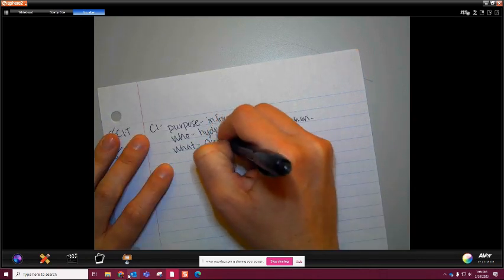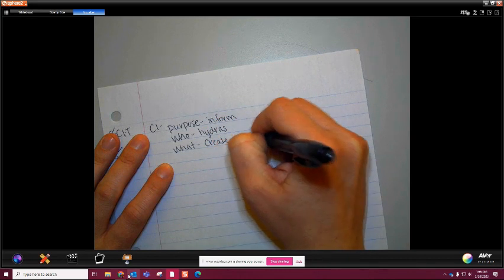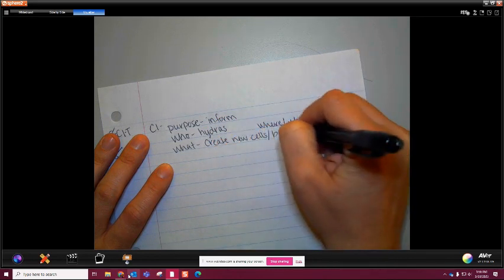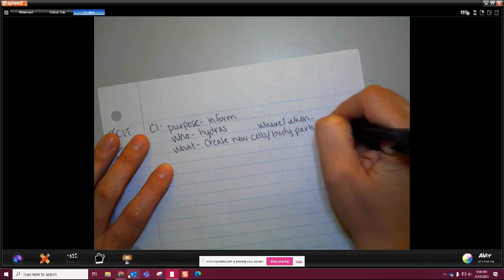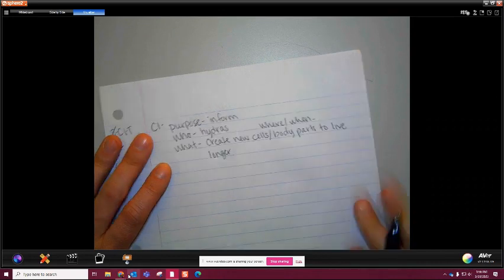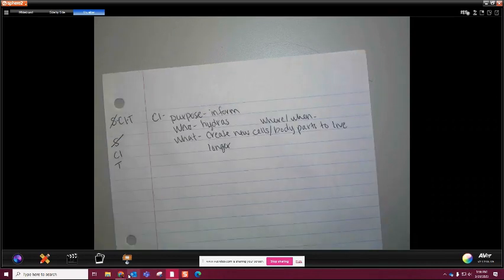Create new cells, I'm going to put slash body parts to live longer. Okay, so I'm just going to put that down. That's the what. Create new cells or body parts to live longer. So they're informing me that Hydras can do those things.